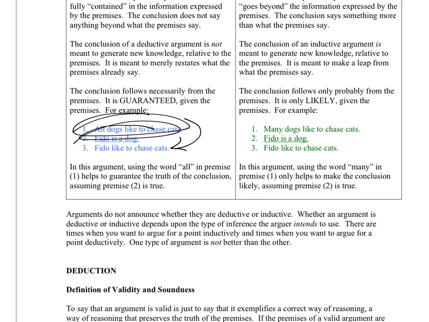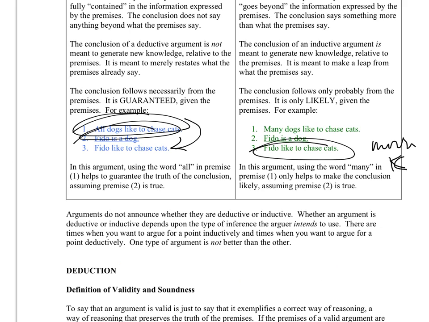The idea, rather, is for the conclusion to give you more information or generate more knowledge, K representing knowledge, on the basis of the premises. So the two kinds of arguments are trying to do very different things.